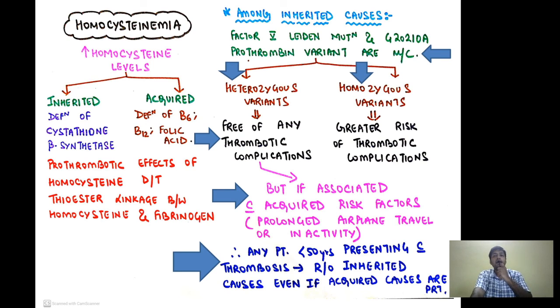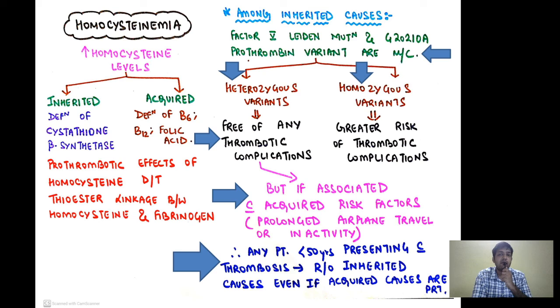Why? Because most of them are heterozygous variants and are free of thrombotic complications, and only if they are associated with some acquired factors are they going to present. So even in the presence of acquired risk factors, you should search for inherited causes in case of heterozygous variants.